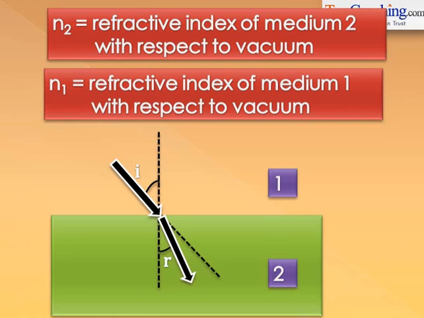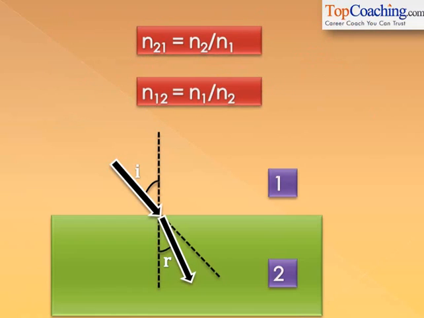Understood? Yet another important and interesting fact you must remember is this one. N21, the refractive index of medium 2 with respect to medium 1 is N2 by N1. That is refractive index of medium 2 with respect to vacuum divided by N1, the refractive index of 1 with respect to vacuum.